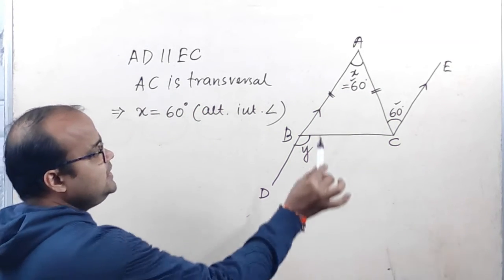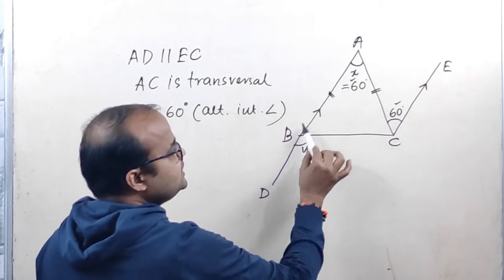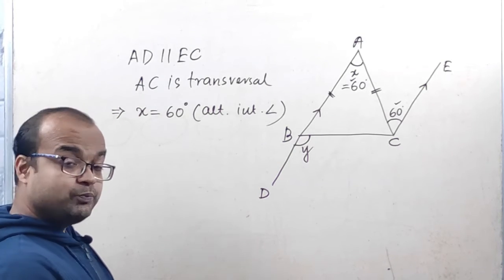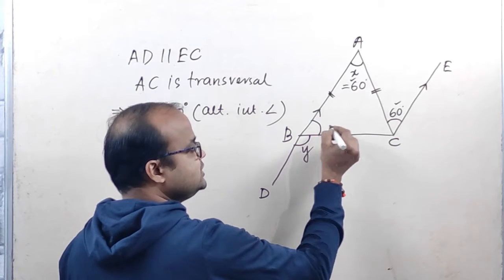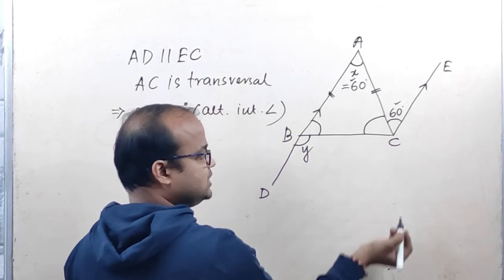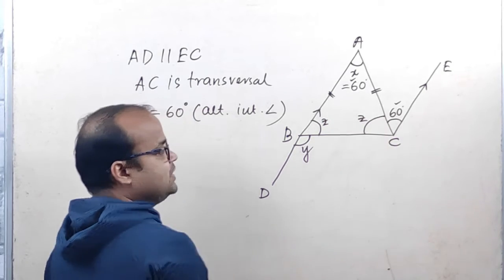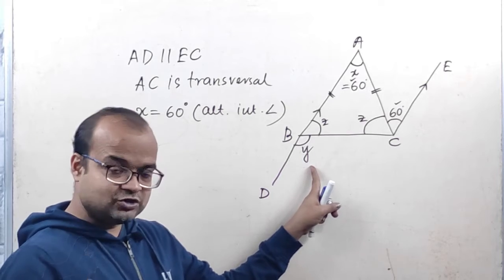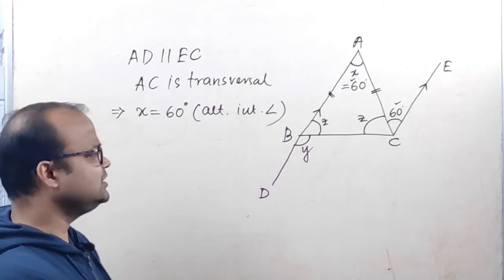Now in triangle ABC, AB equals to AC. So the angles opposite to equal sides are equal. So we consider these two angles are equal and we say these two angles are Z. Since in the sum x and y are given, we cannot consider x. So we consider it as Z or any other literal.